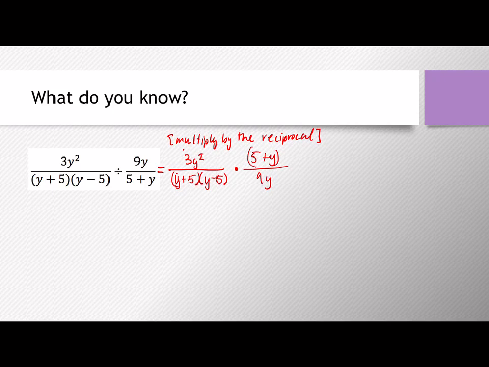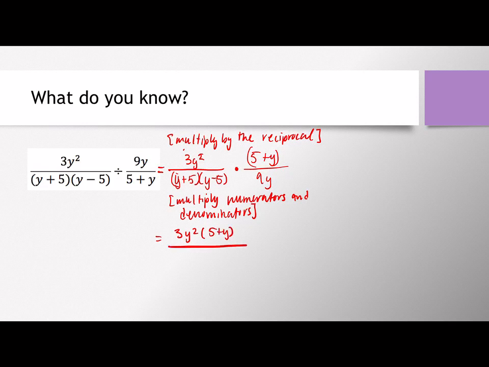The next thing that we're going to do is we're going to multiply the numerators and denominators so that we have one fraction. When we do that, we're going to just write 3y squared times 5 plus y.